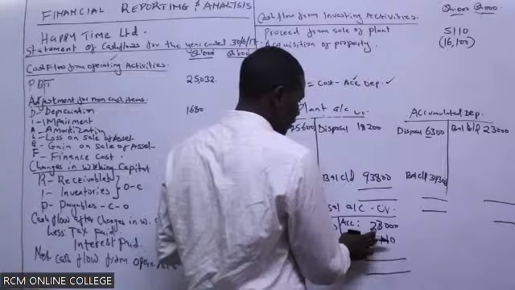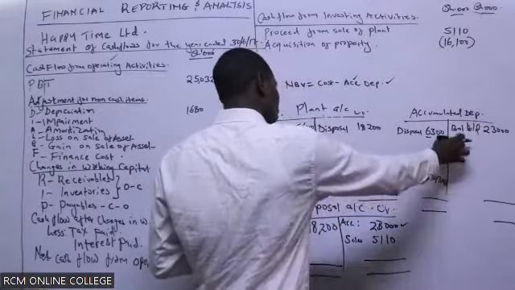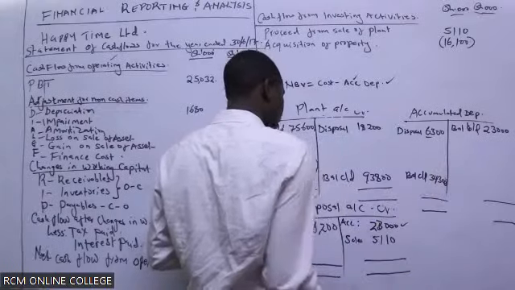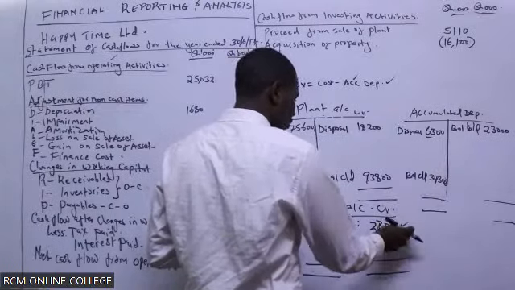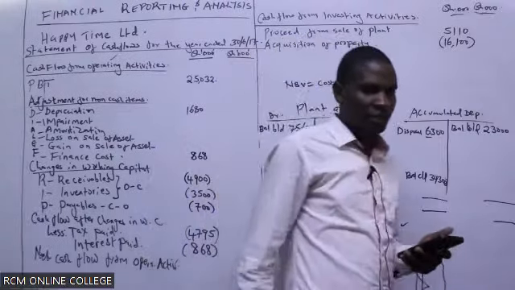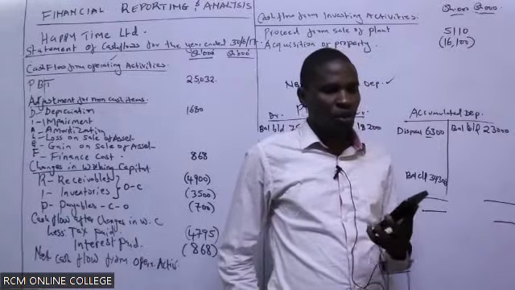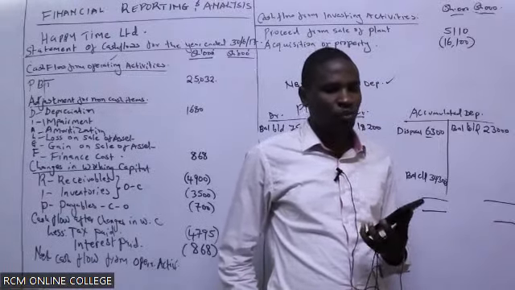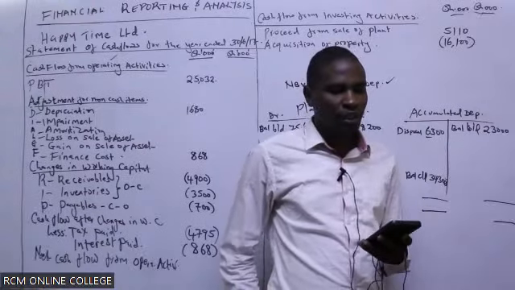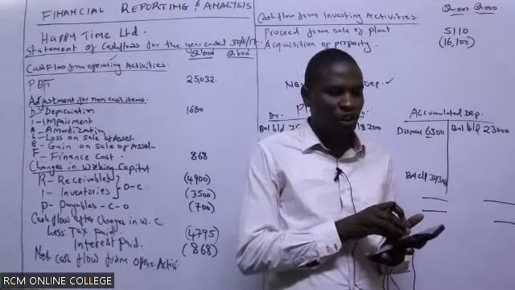So we are saying that this accumulated depreciation is being borrowed from the accumulated depreciation account, the 23,000. The question is why did we use it in the disposal account when it had no relationship with the disposed item? The disposed item had its own accumulated depreciation.